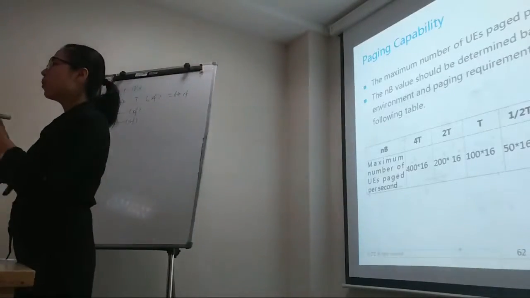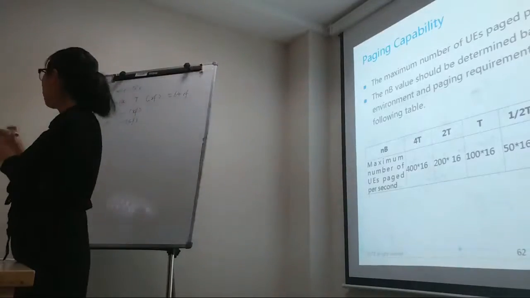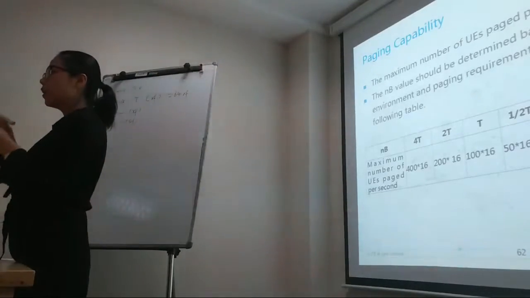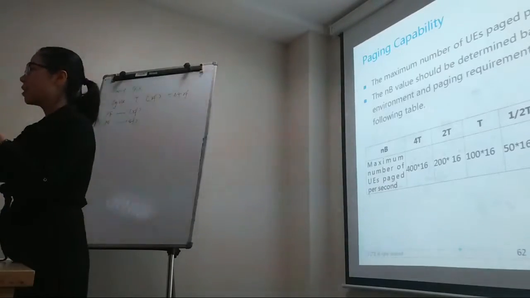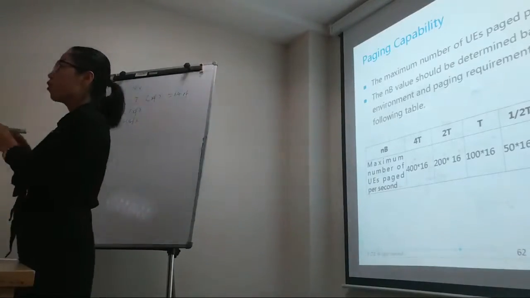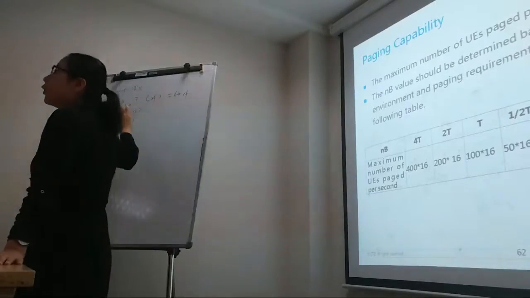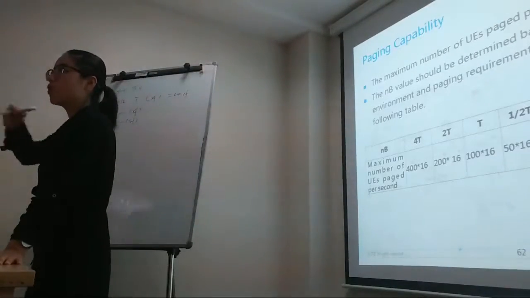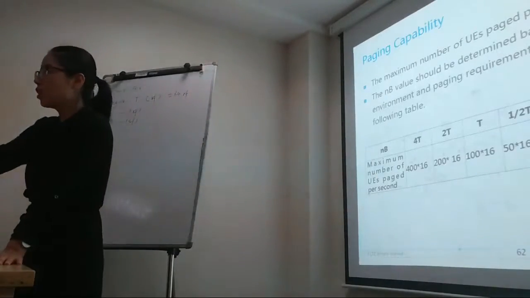But for the eNode B side, because the UEs have different POs, the eNode B will transmit according to the different UEs. So this cycle is related to the UE, not related to the eNode B transmission. I just transmit this PO for him according to the UE cycle.